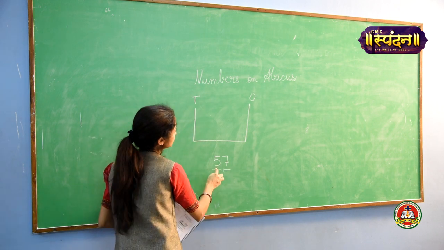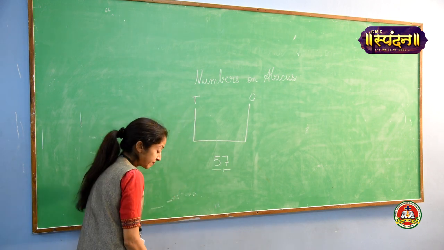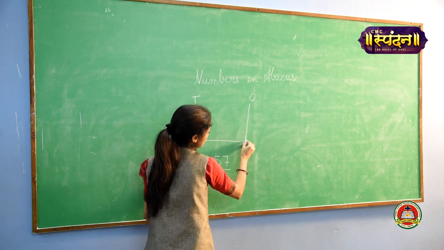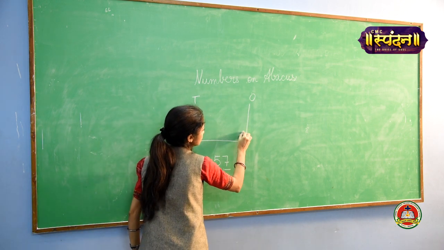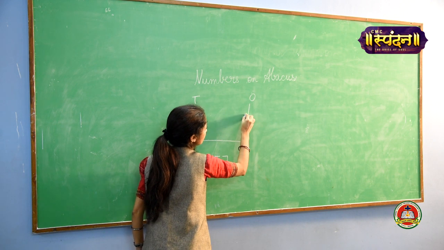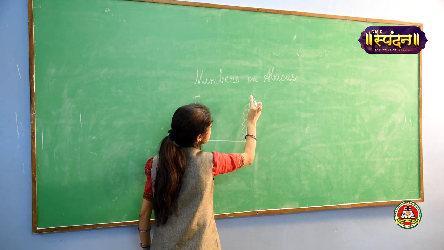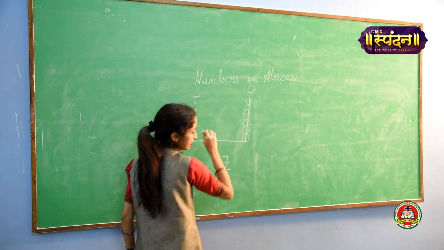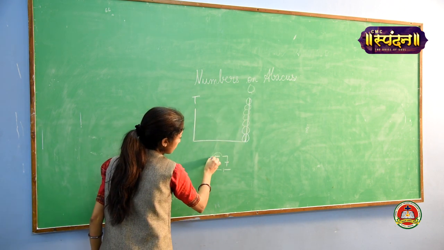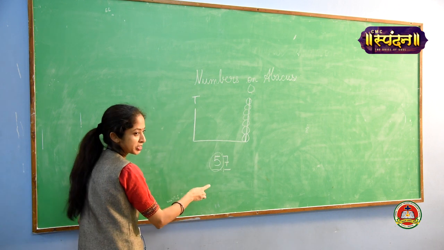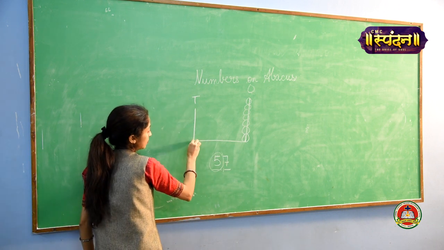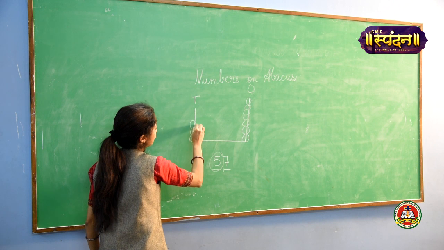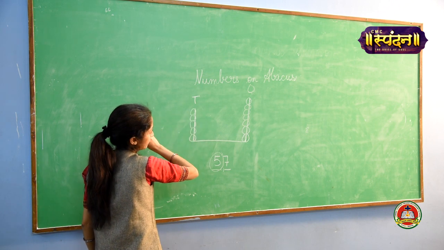So first we are going to place the 7 on the ones spike: 1, 2, 3, 4, 5, 6, and this is 7. And next, this group of 5 we are going to place on the tens spike: 1, 2, 3, 4, 5.